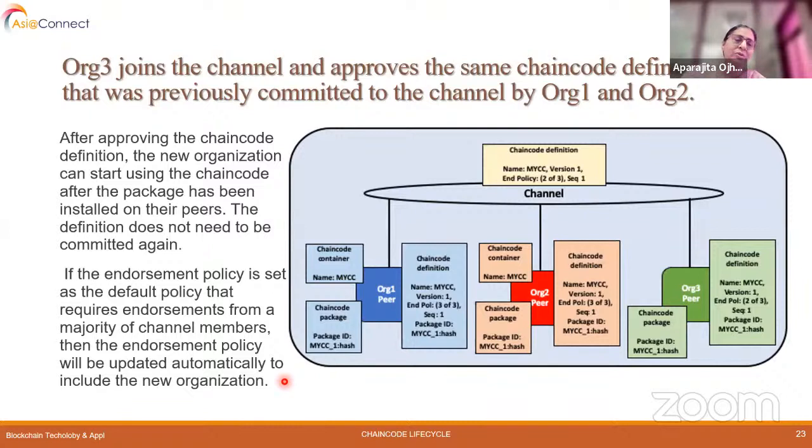That will happen. So there are several possibilities, and my suggestion is that you think about different cases, different possibilities, and how we can change it. All this agreement, like how the endorsement policy will be changing, is prior to somebody joining the channel.